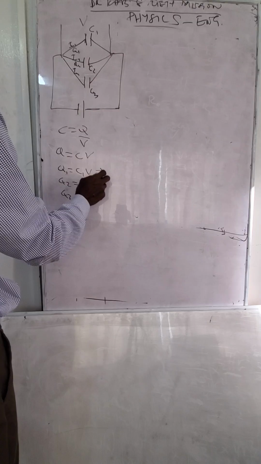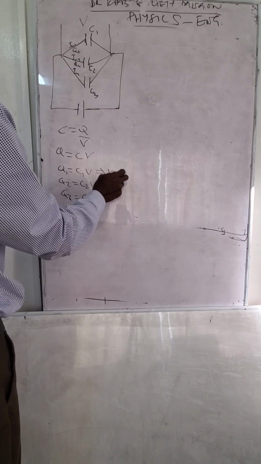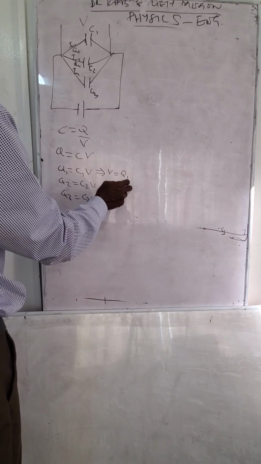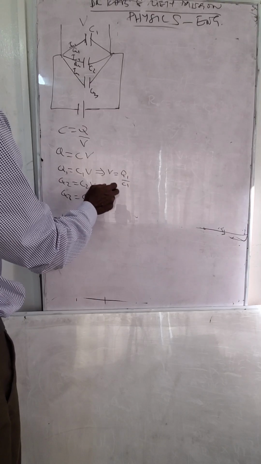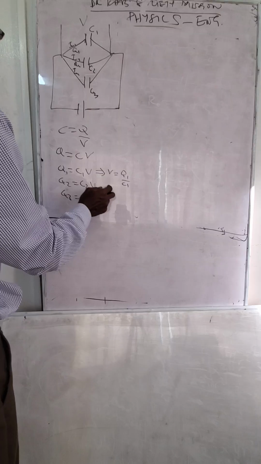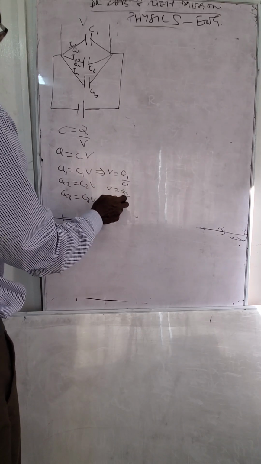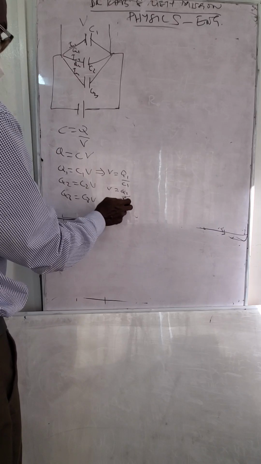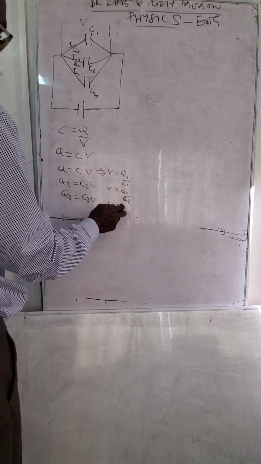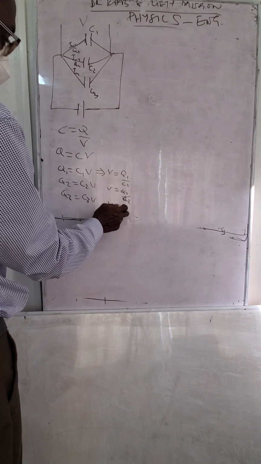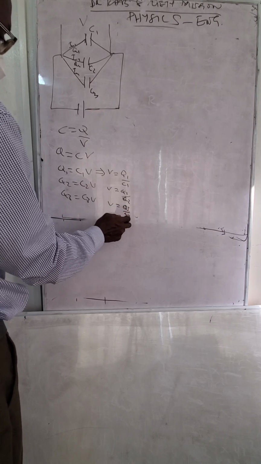Right? So this is the same as saying that V is equal to Q1 over C1. Okay, V is equal to Q2 over C2. V is equal to Q3 over C3.